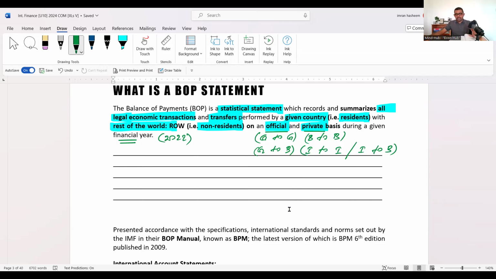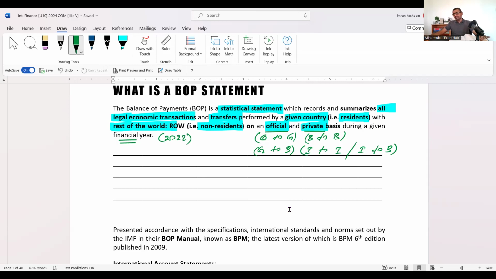Those manuals explain the entire set of foreign accounts a country should prepare, how they should prepare them, and how they should treat the different entries. And we follow the accounting double entry system, the accounting double entry principle. Is that clear?